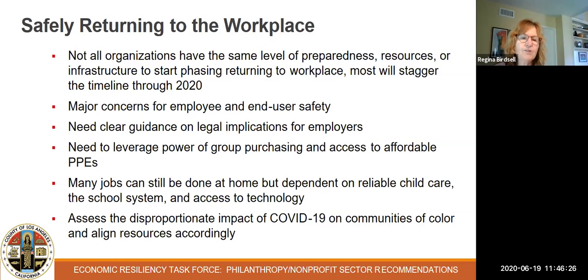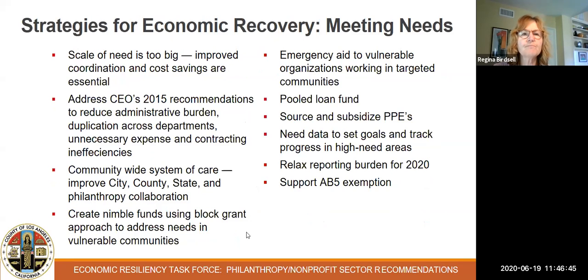So what I mentioned is that many jobs can be done at home, but it's dependent on the school system, reliable daycare, and access to technology. And we know that the communities that were disproportionately impacted should be where the county really thinks about aligning resources.